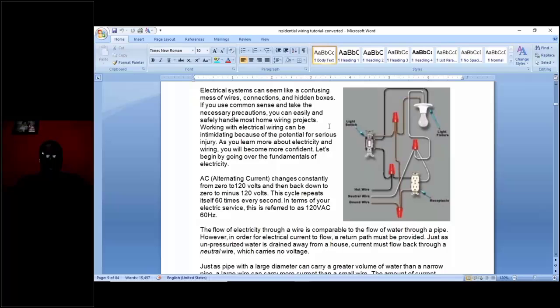Working with electrical wiring can be very intimidating, especially if you have seen somebody being knocked off by electric shock. Then you will know that it is a very dangerous thing to embark upon.